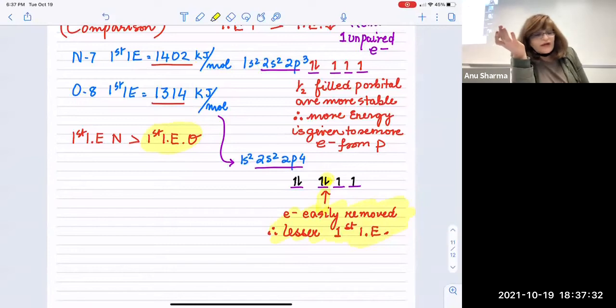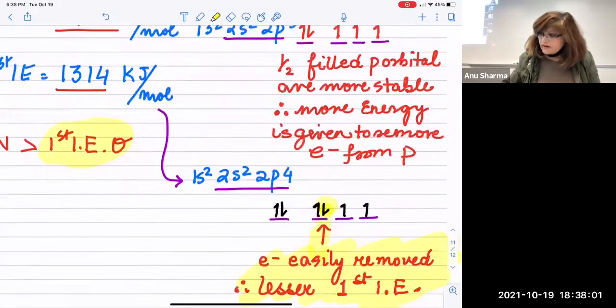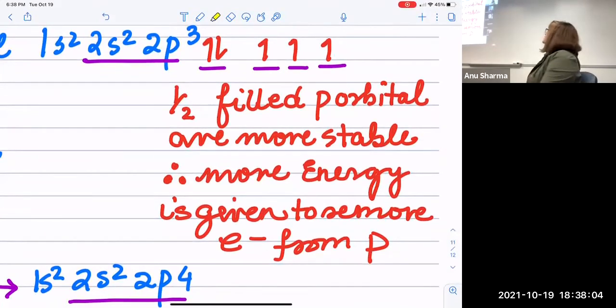But why is it easy to remove that one electron? What is this? Say it loudly. Looks like people are tired.